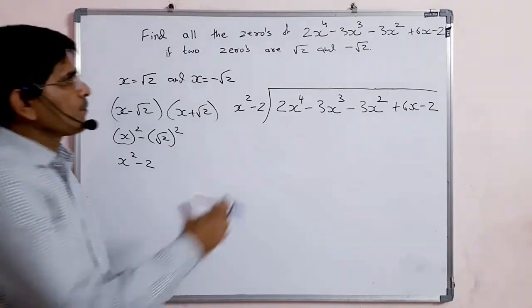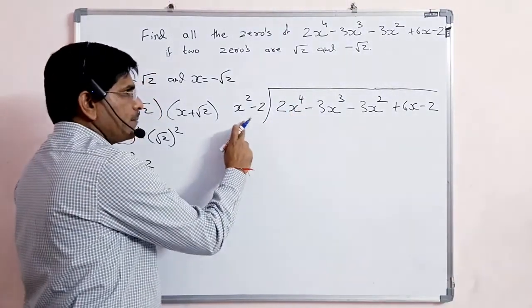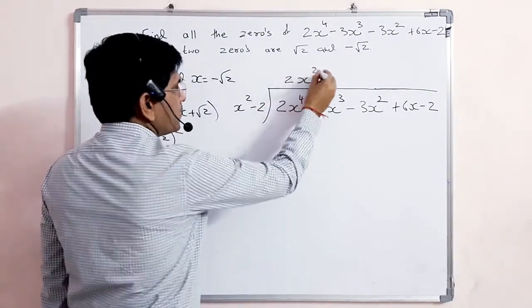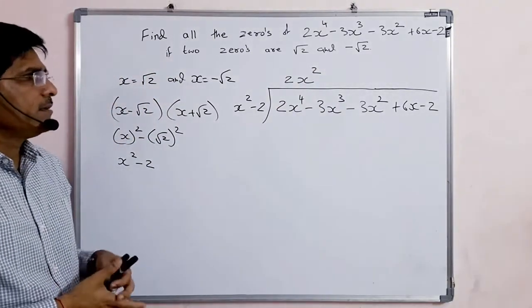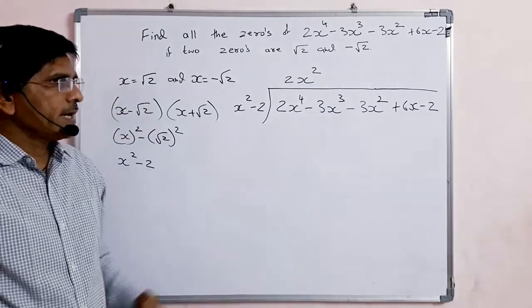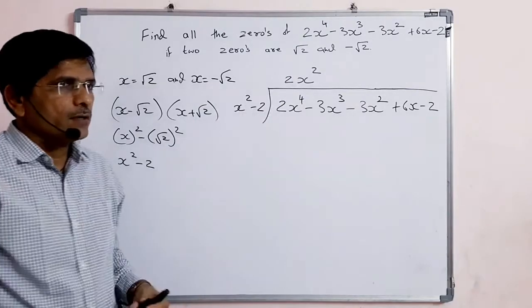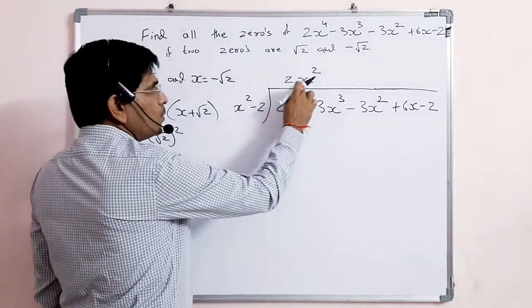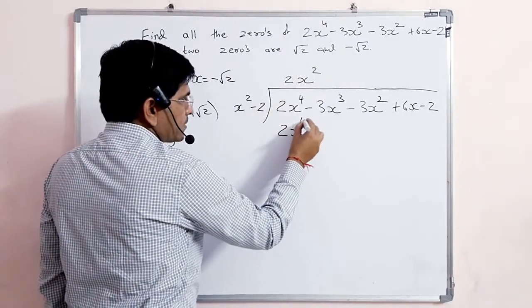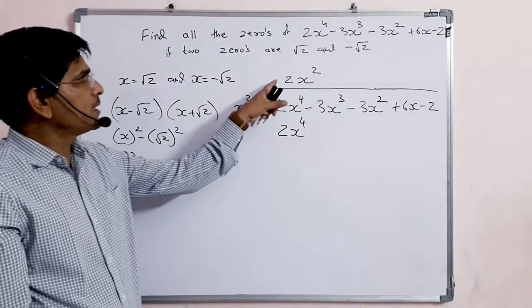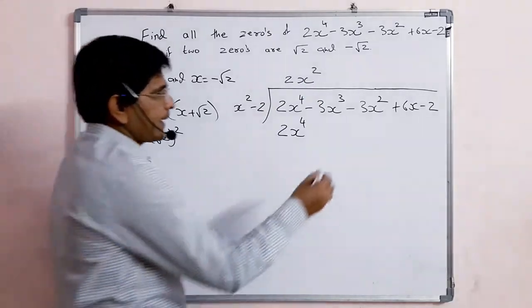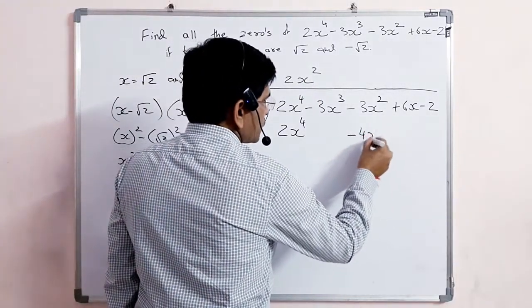So the first step is 2x to the power 4 divided by x squared, we get 2x squared. Now I multiply 2x squared by x squared, I get 2x to the power 4. If I multiply 2x squared by minus 2, that is minus 4x squared. So I write it here, minus 4x squared.